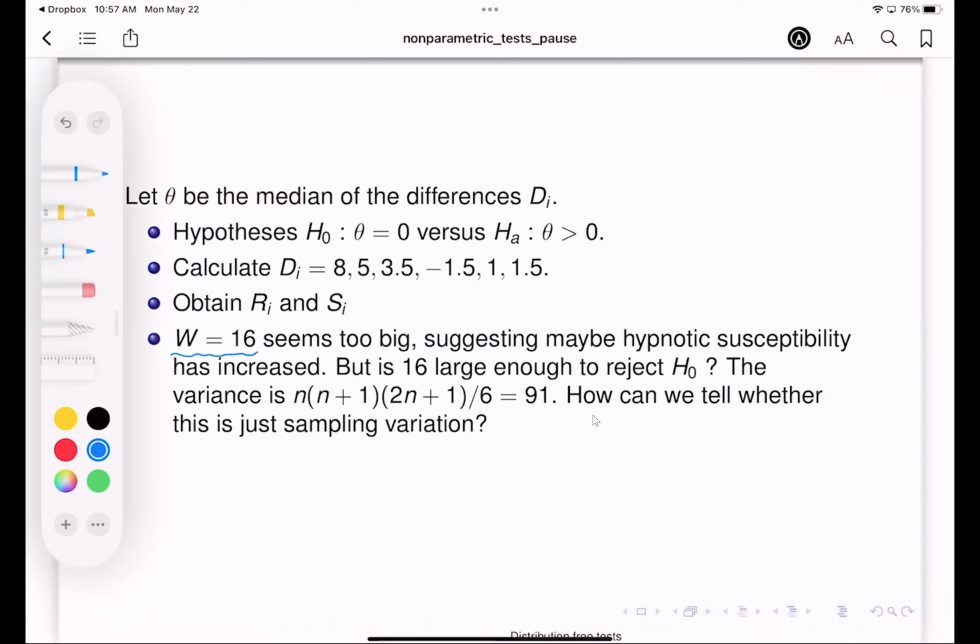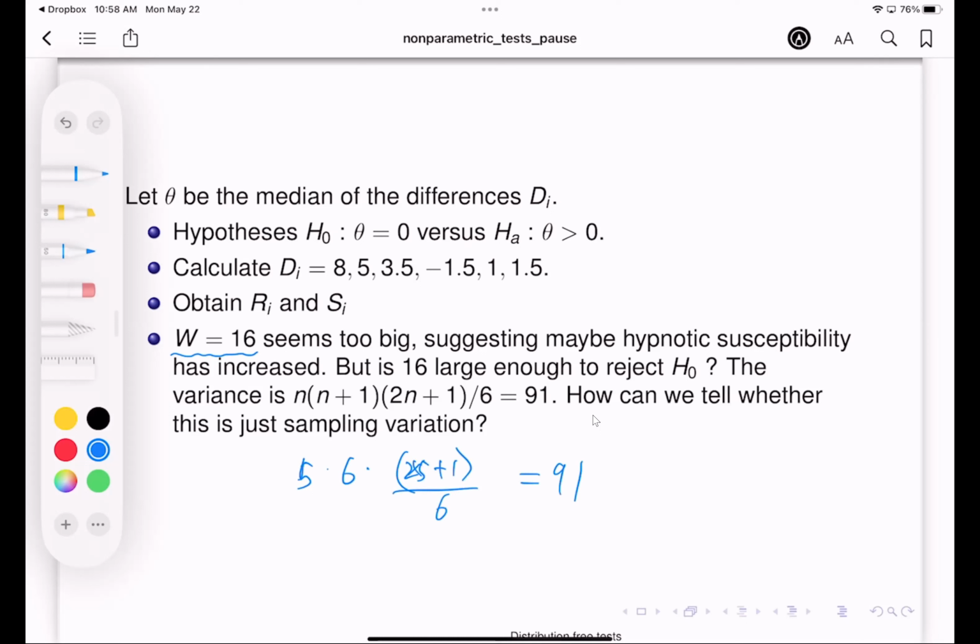We know W is supposed to be centered at 0. In this case, we observed a value of 16, which says it's big. But how big it is depends on how big the variation is. For this sample size, we have a very small sample size of 5, and the variance is 5 times 6 times (2 times 5 plus 1), divided by 6. In the end, the variance is 91.